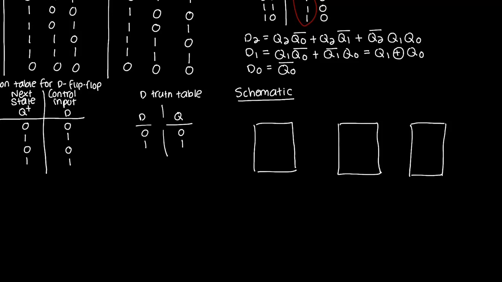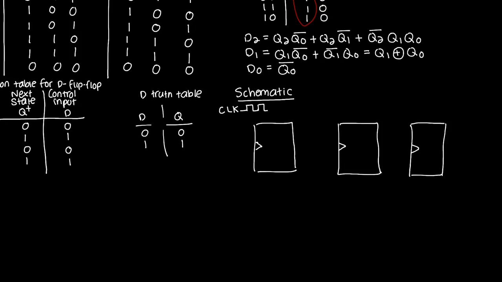Now that was very different than in the ripple counter, where having a positive edge trigger versus a negative edge trigger made the difference whether you were counting up or counting down. But in the synchronous counter, there is no such distinction. So I'm just going to make these D flip-flops arbitrarily. They are going to be positive edge triggered. Now the next difference was in asynchronous counters.